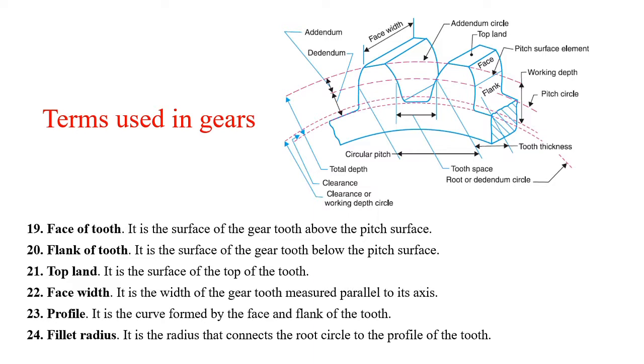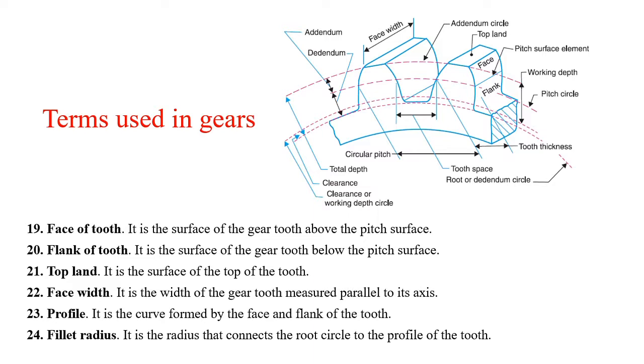Next, backlash. It is the difference between the tooth space and tooth thickness as measured along the pitch circle. Theoretically, the backlash should be 0, but in actual practice, some backlash must be allowed to prevent the jamming of the teeth due to tooth errors and external or thermal expansion.